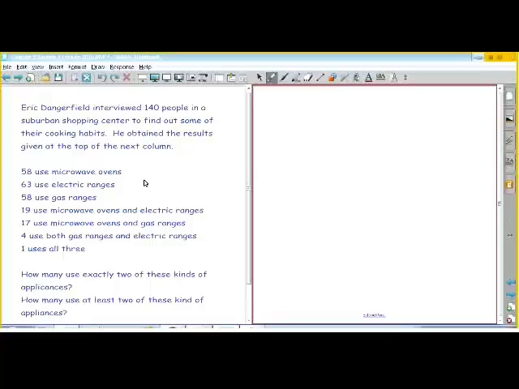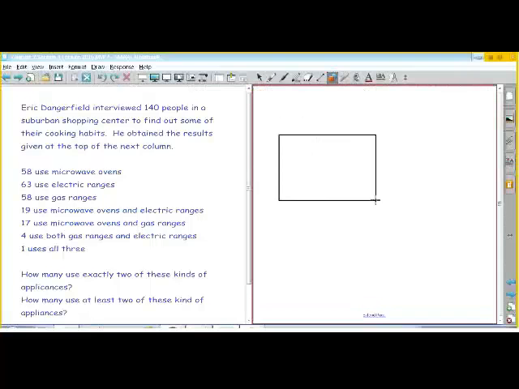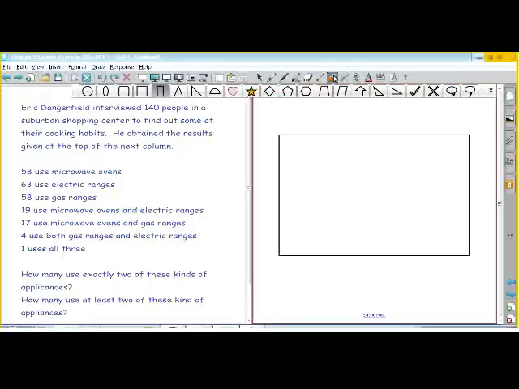So again, it's 3 sets: microwave ovens, electric ranges, gas ranges. Ultimately you'd have the person's names, but in surveys we don't really care who the names are. We're looking for numbers. The raw data might have names in it, or it may be anonymous: subject 1, subject 2, something like that.